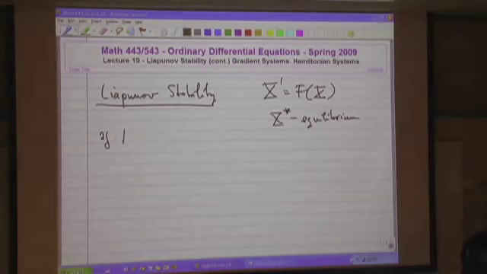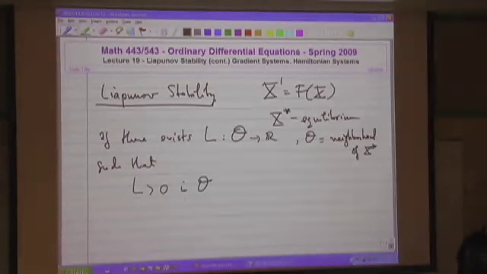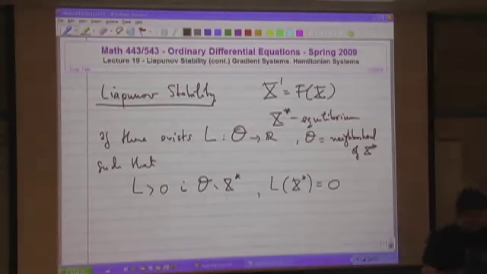if there exists L on some neighborhood of x star such that L is positive in this neighborhood, and L is 0 at the equilibrium, and it's positive outside.